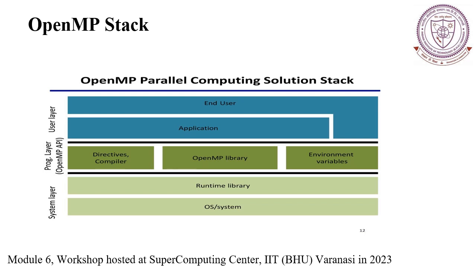The operating system interacts with the OpenMP runtime library to allocate resources and schedule threads for execution. Then comes the hardware layer. At the bottom of the stack is the hardware layer, which consists of the physical components of the computing system. This includes the processors, CPUs or GPUs, memory, caches, and other hardware resources. The hardware layer executes the parallelized code and performs the actual computation.